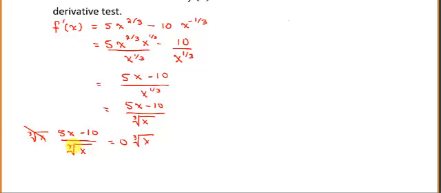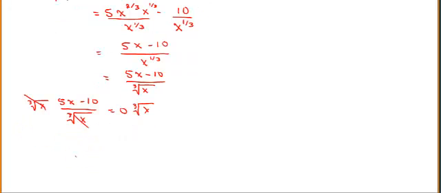We get 5x minus 10 is equal to 0, so 5x is equal to 10, x is equal to 2. So the first derivative is 0 at 2. All right, so 2 is a critical point. In fact, it's a stationary point.